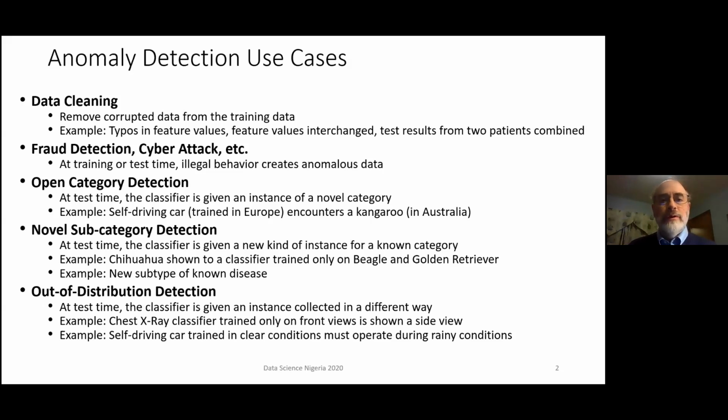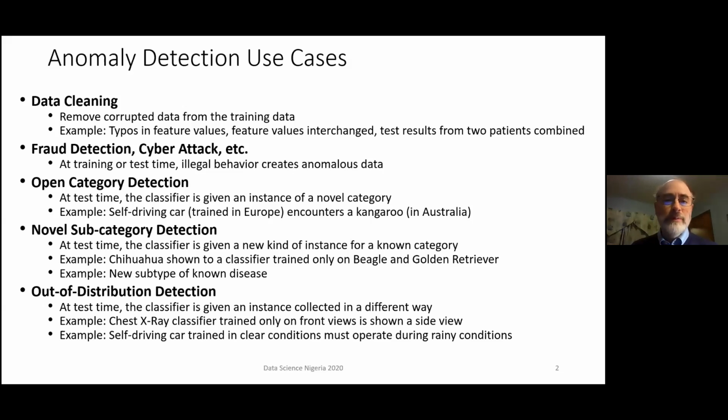But the first use case, and maybe the most common one, is data cleaning. We've already been talking about how when you approach a new problem and you have real data, there are often errors in the data. Feature values may have been manually entered, and so they have typographical errors.